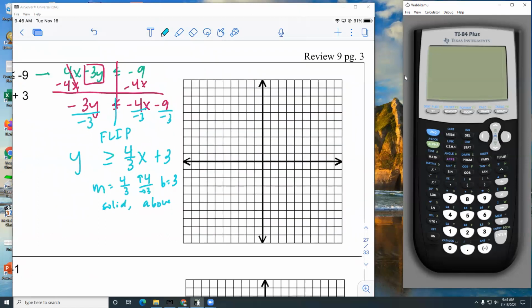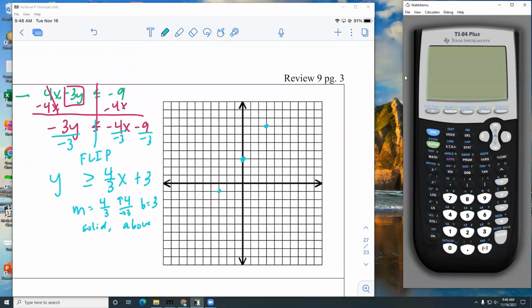So go up to 3, go up 4, right 3. Up 4, it's going to be off my graph, so go back down. Go down 4, left 3. Down 4, left 3. Let's walk down 4, left 3. No, I guess I was right.